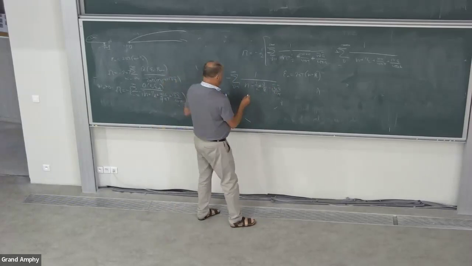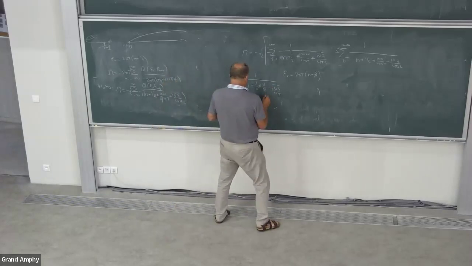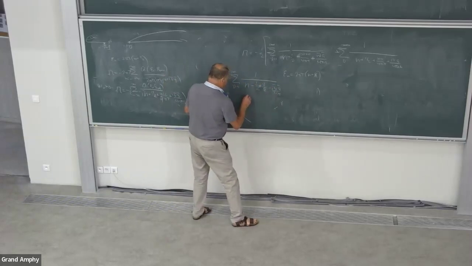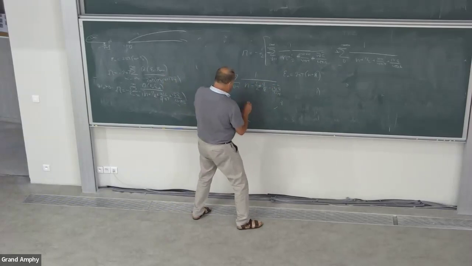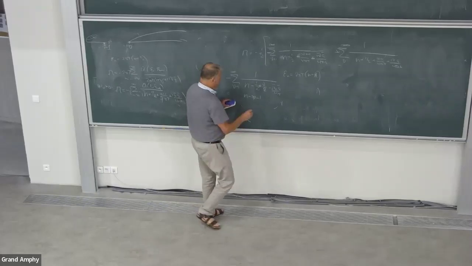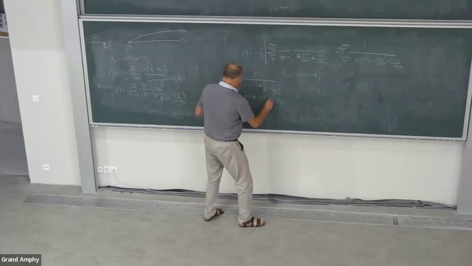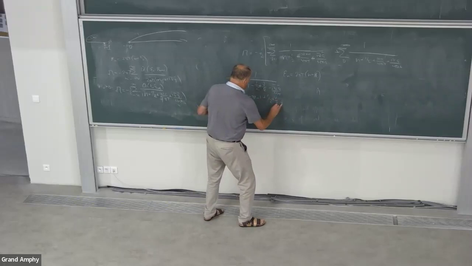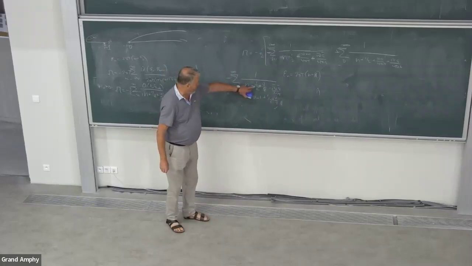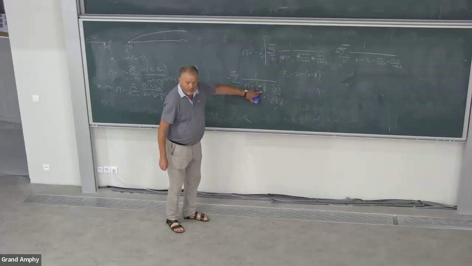I will do the following. I will write that this is n prime, which, okay, I will do the following. N minus omega minus mu minus 1. And I will write plus 1 over 2 plus mu over 2. Do you agree? And minus 1 over 2 minus mu over 2.